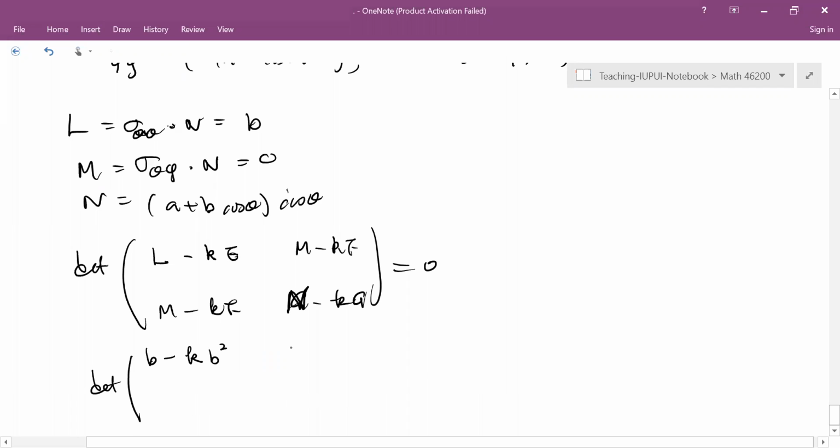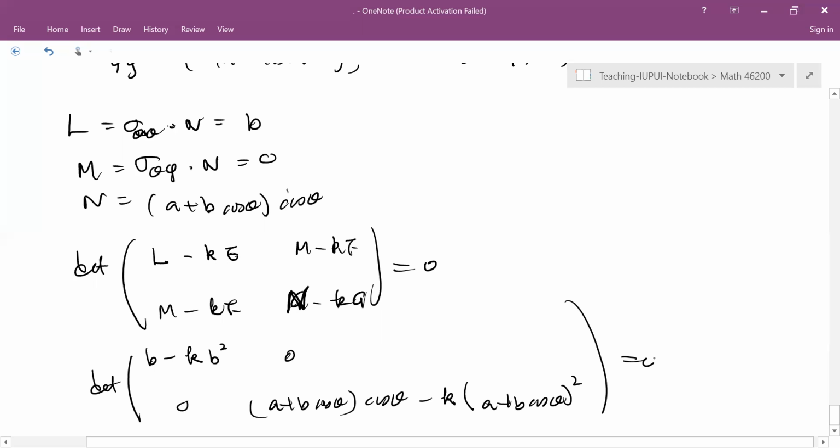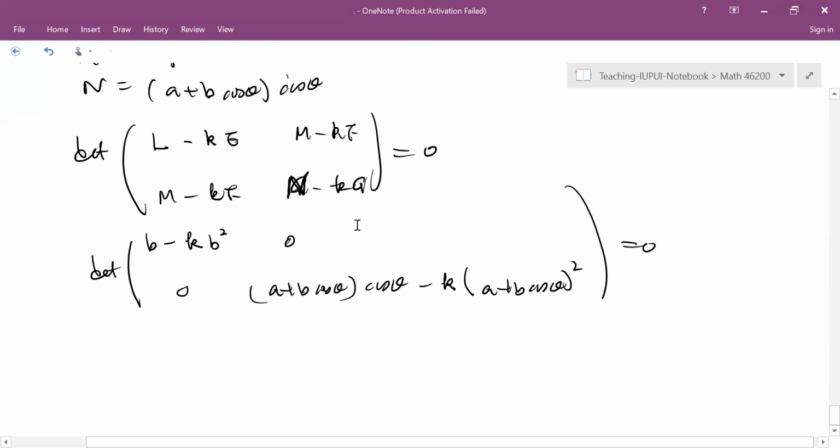And the M minus k, M is 0, F is 0. So N is going to be a plus b cosine theta and cosine theta, k, and here a plus b cosine theta squared. All right, so that's going to be 0. This is a product, right? So it's easy to see. That's the first term. And the second term, I think I can take the constant out.